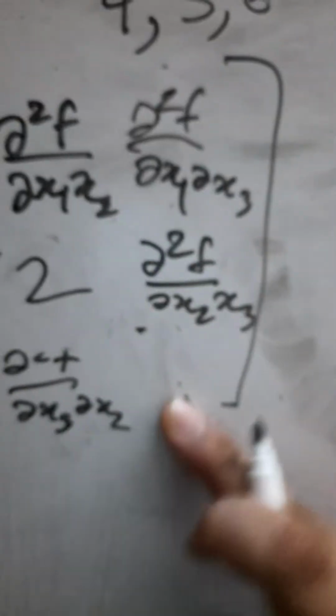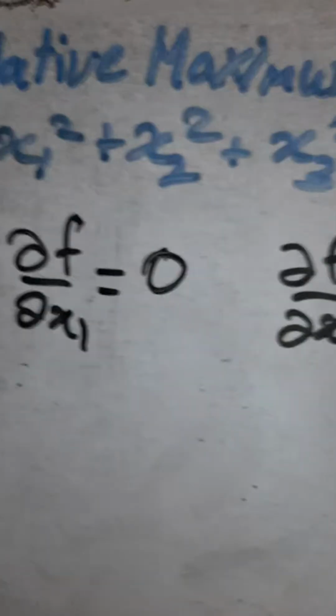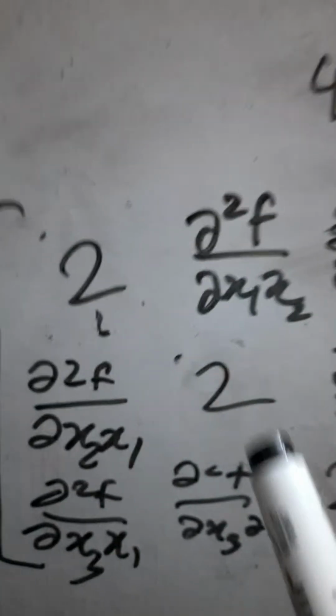So after double differentiation of the square, only the 2 is gonna remain. If there was some different coefficient, like 3x1 square, 4x2 square, then these numbers would have been different, and I would have to calculate them separately, because those coefficients would have multiplied with these 2.